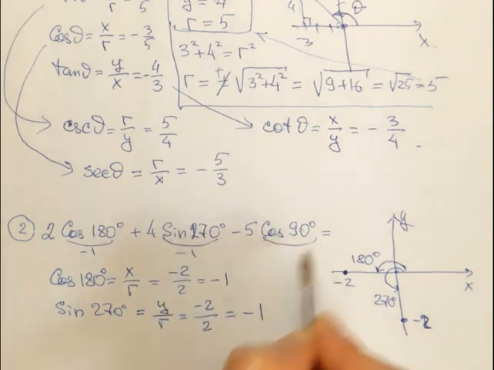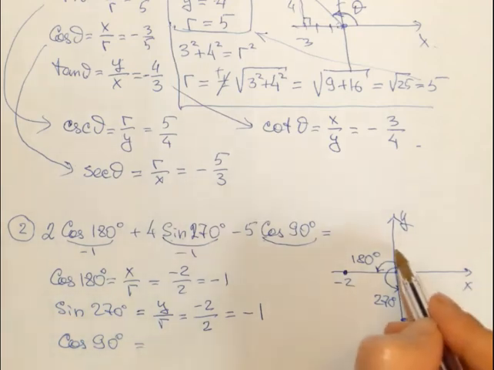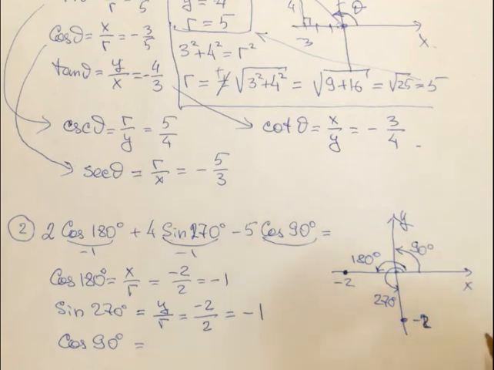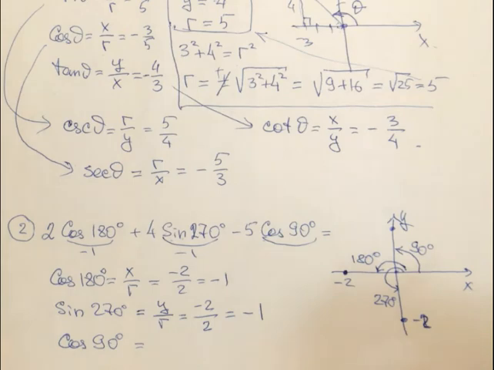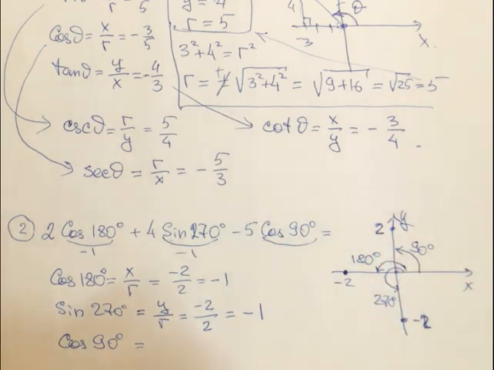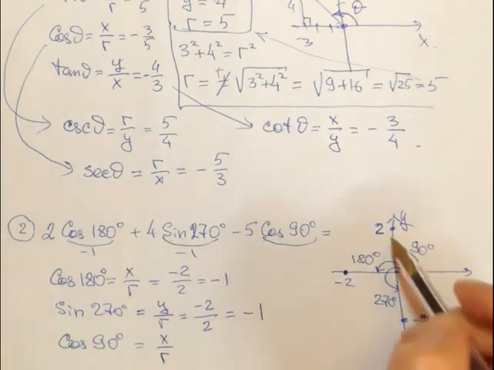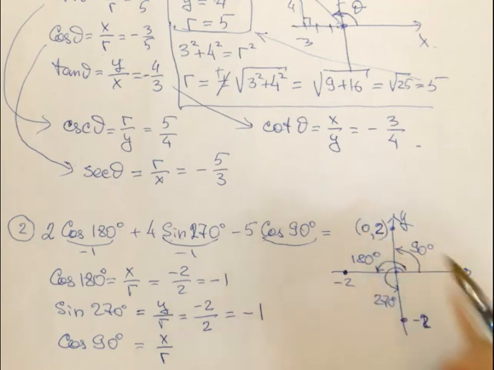The last angle is cosine of 90 degrees. 90 degrees is a right angle. So this is the 90 degrees angle. We can take a point on the positive y-axis. Let us take 2. More exactly, this point has coordinates 0 and 2.